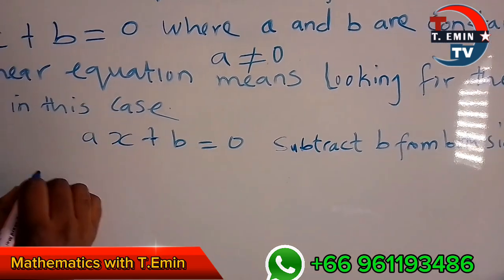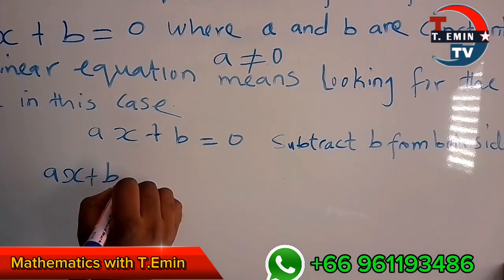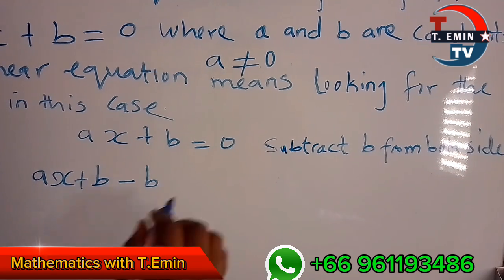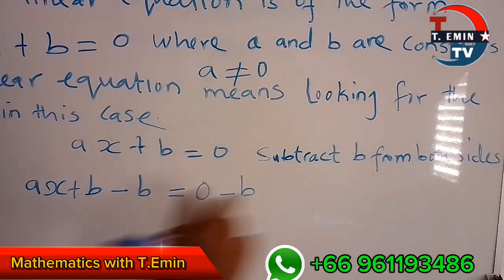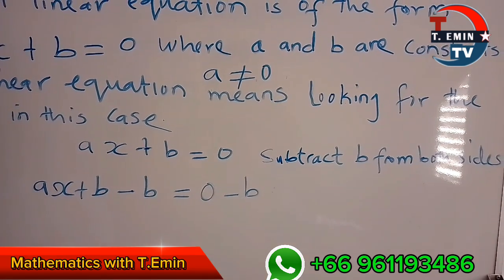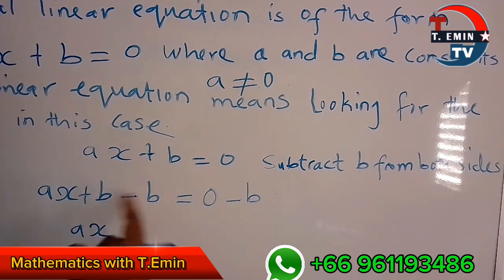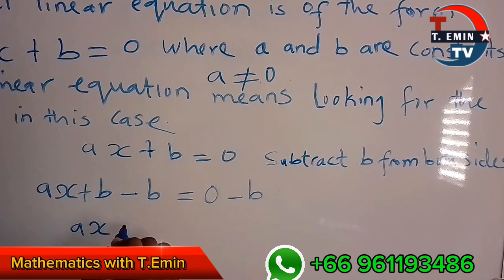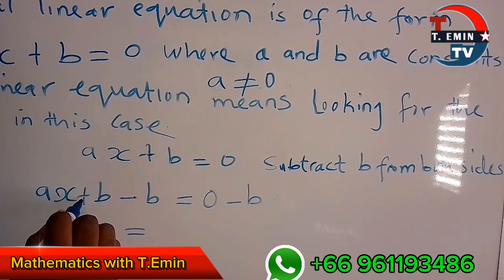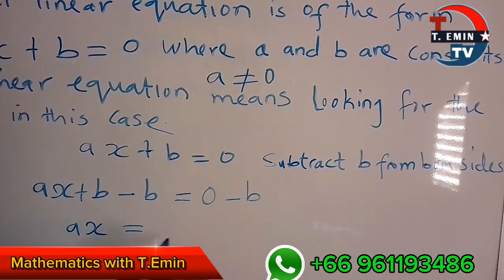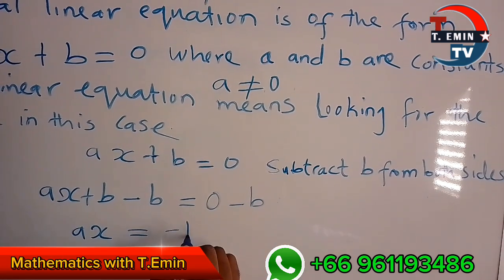This implies that we'll have ax plus b, take away b, equal to 0, take away b. That is it, subtracting b from both sides. So much so that what we'll get here is ax plus 0. No need to write 0. Ax equal to 0 because plus b take away b is 0. Equal to 0 is of no use again. We are left with negative b.